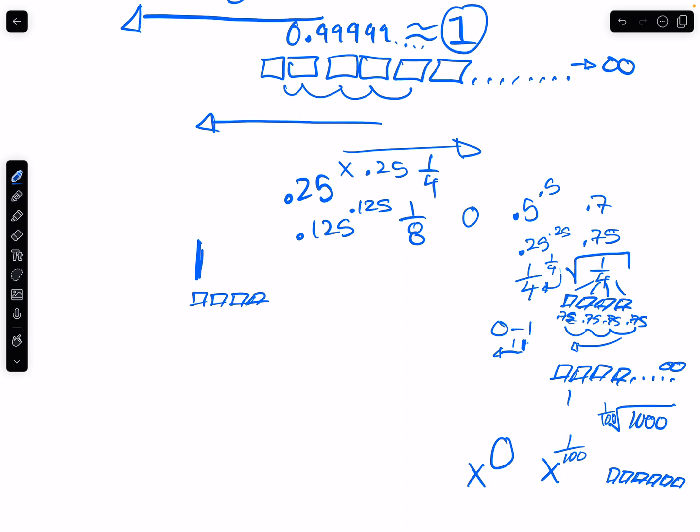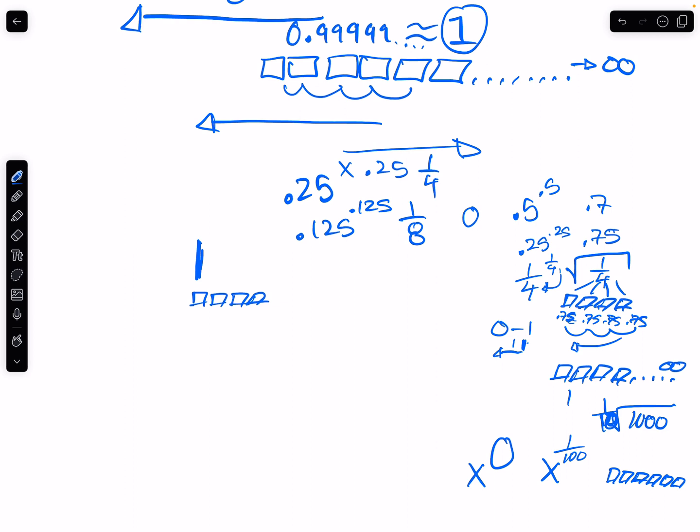So 100, you need 10, wait, what? Is it 10? No, 100, because it's multiplication. So something multiplied 100 times equals, it might be easier if I did 10 instead of 100. So it'd be 10 times 10 equals 100 times 10.